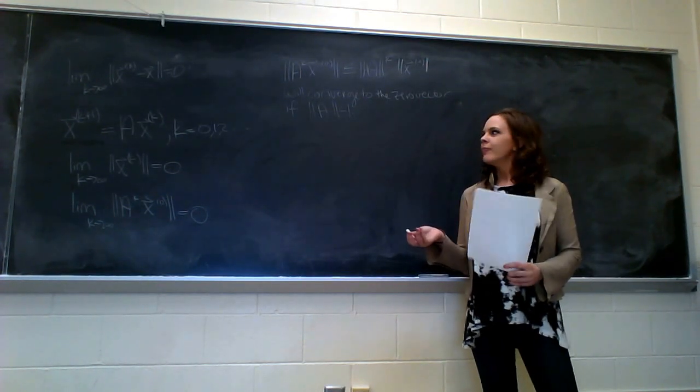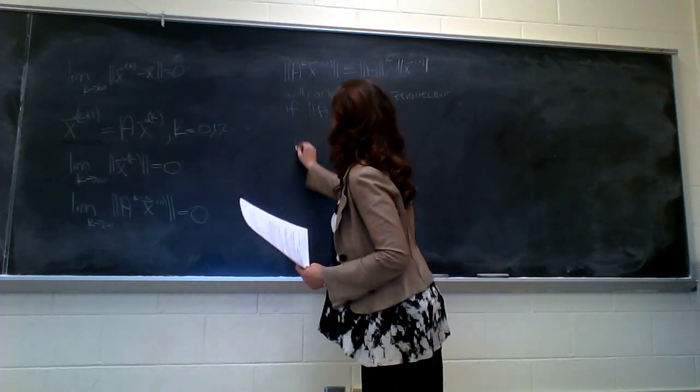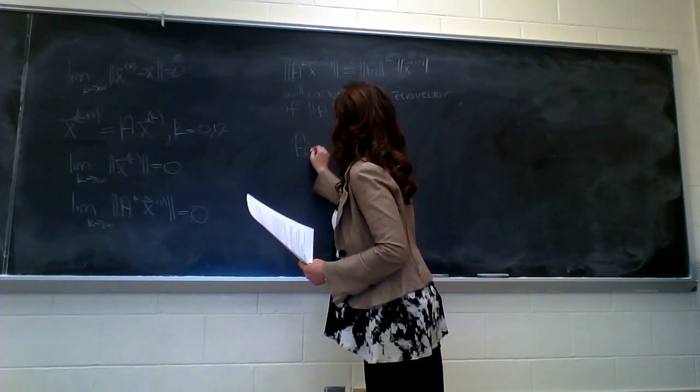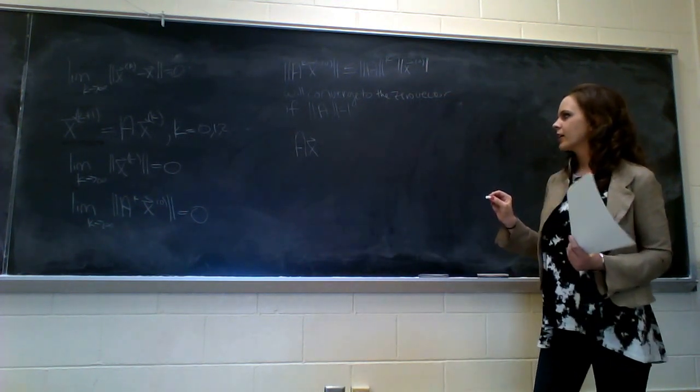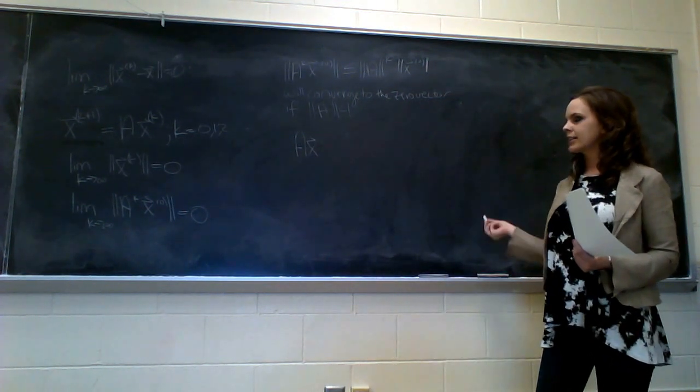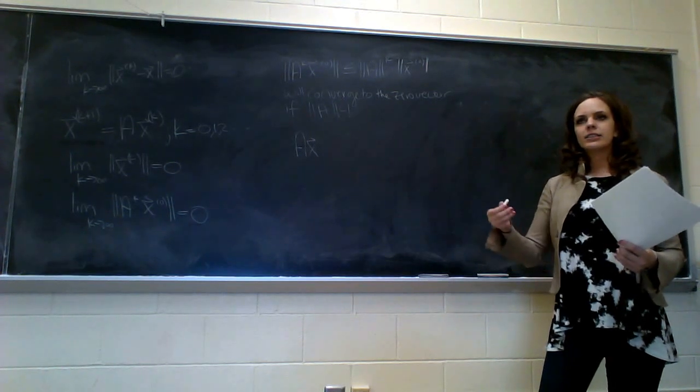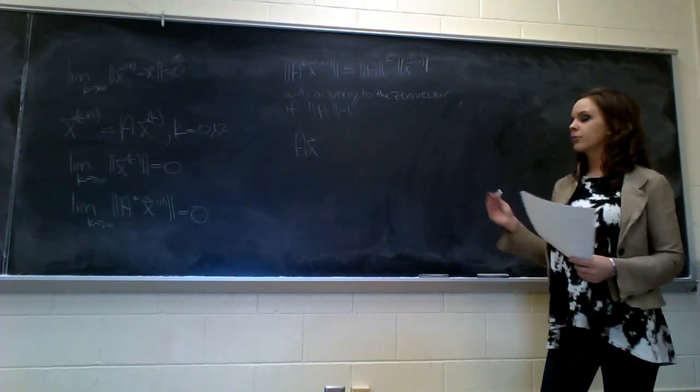So, can anybody think? If I just have this multiplication right here, A is a matrix, x is a vector, then what's a way that this can be simply described?